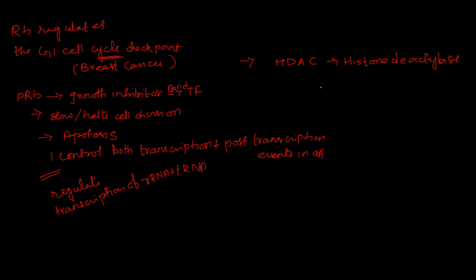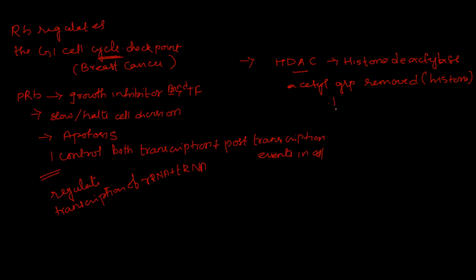So these RB genes are found in association with chromatin modifying proteins such as HDAC. This association will affect the transcription by removing the acetyl group from histone.